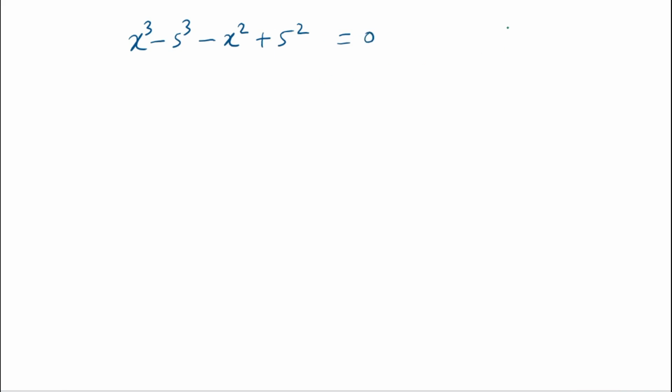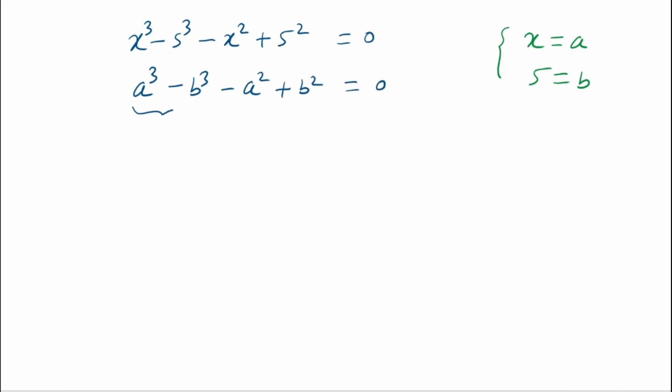Here we will apply substitution. If we substitute x is equal to a and 5 is equal to b, then this expression is a cube minus b cube minus a square plus b square, and this is equal to 0. Taking the common negative sign, we have a cube minus b cube minus a square minus b square.